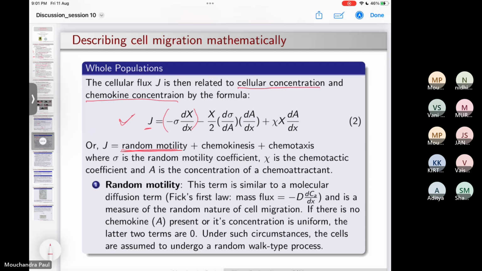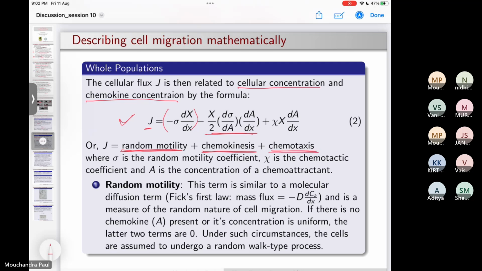Then this term, minus x by 2 into d sigma by dA into dA by dx, defines the phenomenon of chemokinesis, basically how the cell speed changes with change in the chemokine concentration. And the last term, chi, a Greek letter, into x dA by dx, is for chemotaxis.